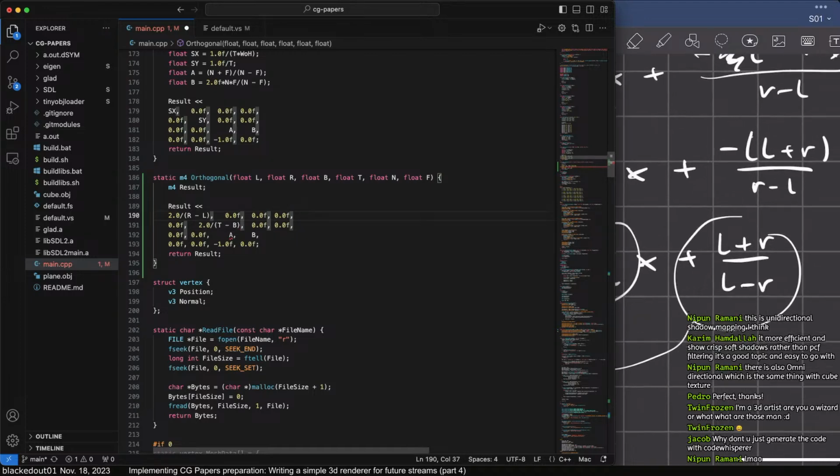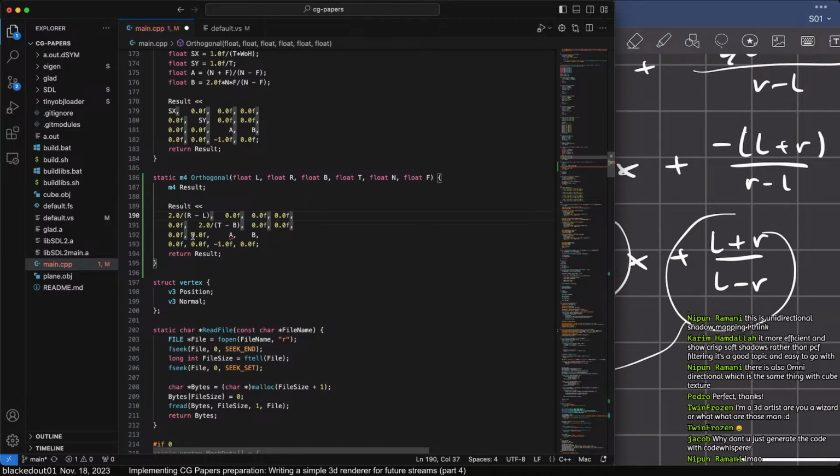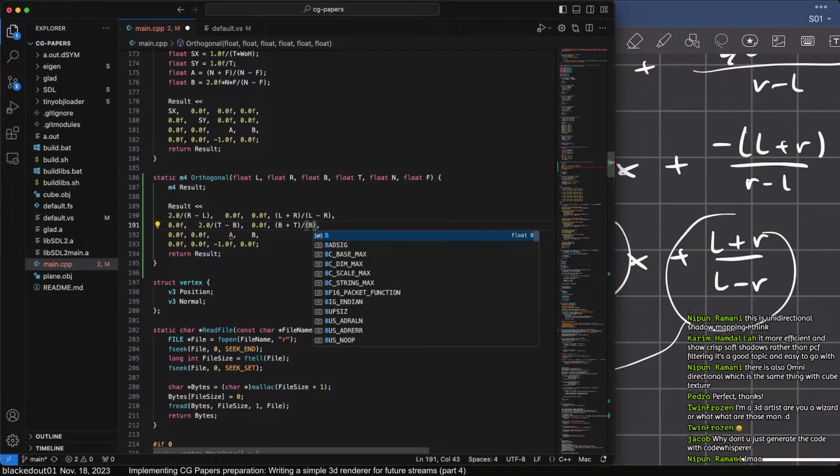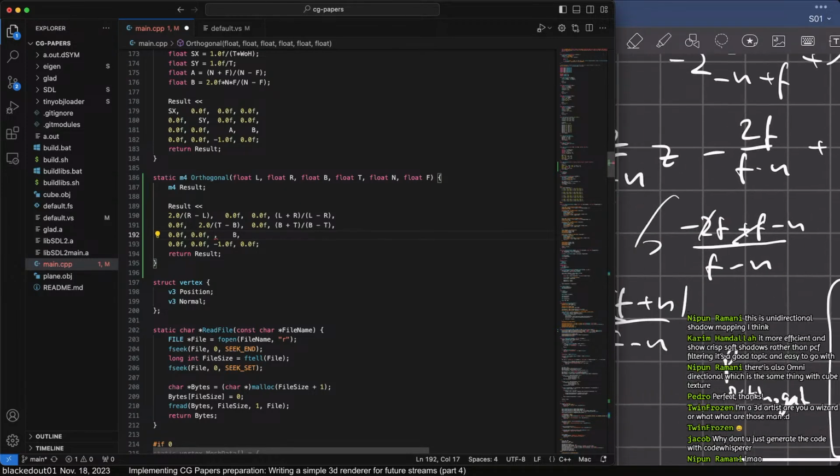And the translational part is always this expression. Like here. And again, this would be bottom plus top divided by bottom minus top. And the scaling for the z was here.